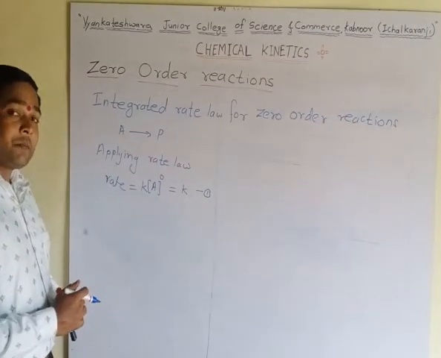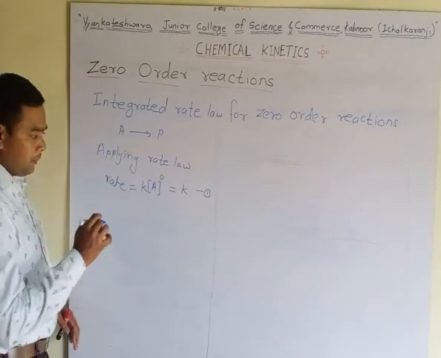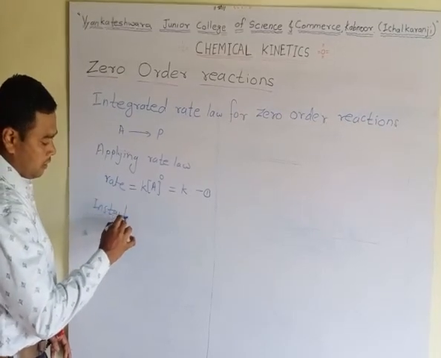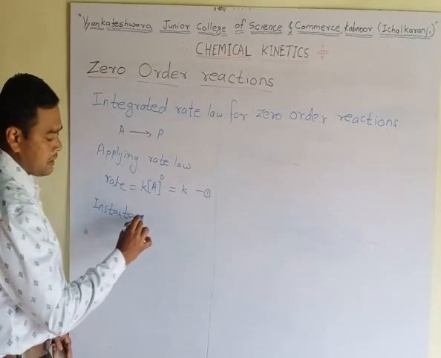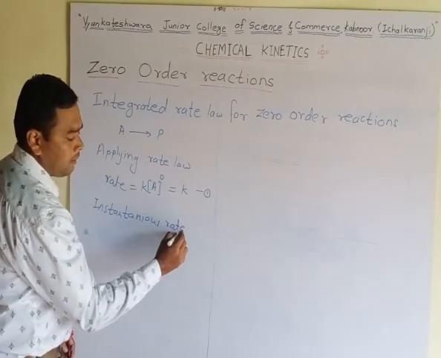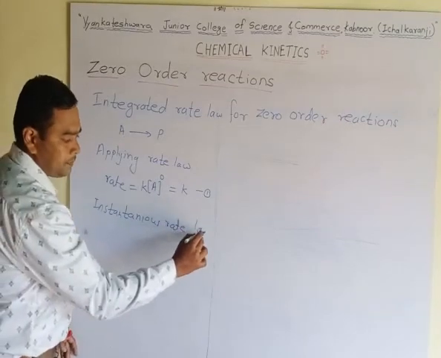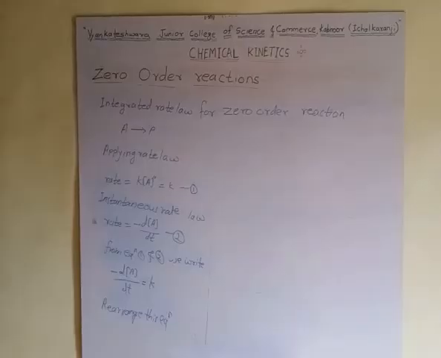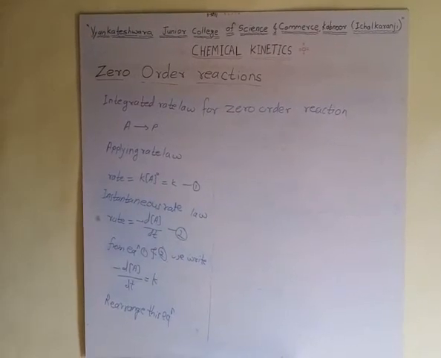But according to the differential rate law, instantaneous rate law, rate is equal to minus d concentration of A upon dt. This is equation number 2.